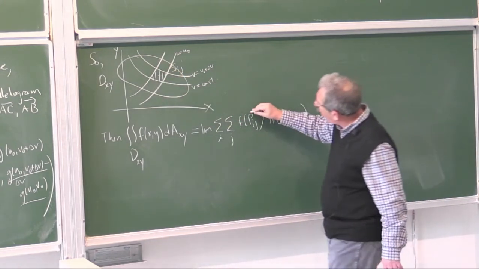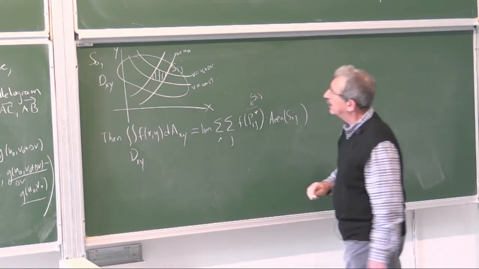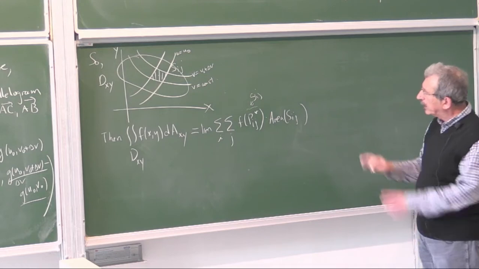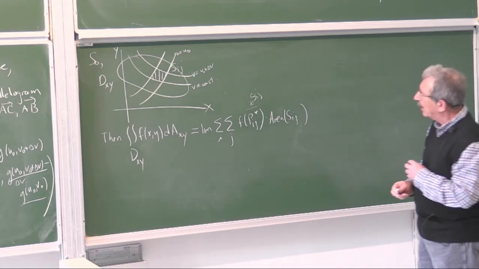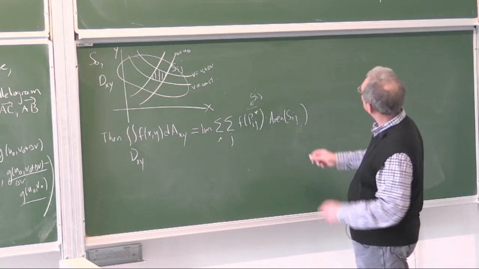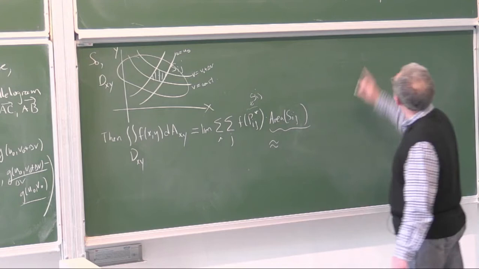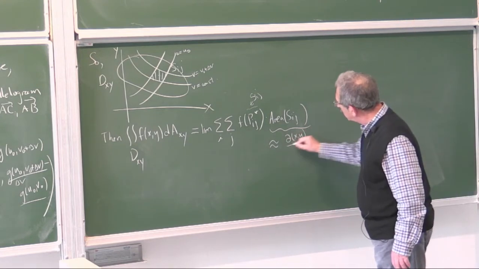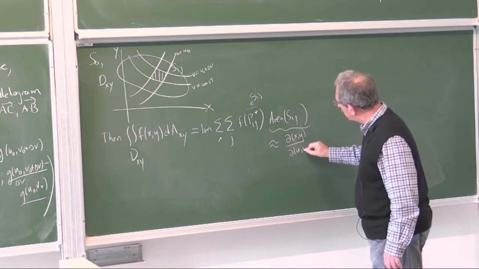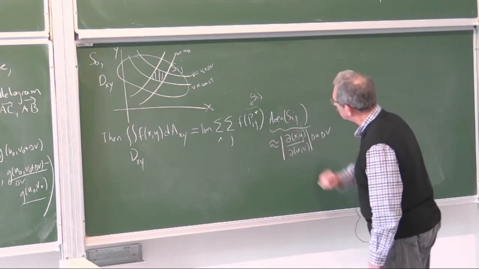And this point is a point in Sij. So I get this limit. That's my double integral by definition. Now what do I have? I know that this area is almost the same as this del xy divided by del uv, delta u, delta v, but with absolute value.